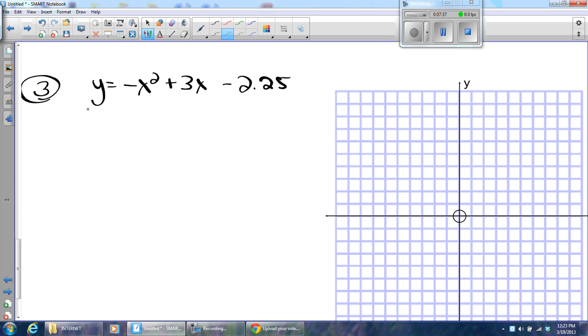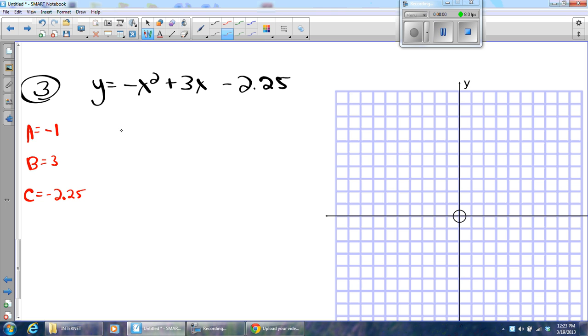Okay, so I know it's opening downward. I'm going to go and check and see how many roots it's going to have. Now, I know, because I made up the problem ahead of time, this is actually a perfect square trinomial, but most of you would never recognize it as such. And that's okay, but I'm expecting to find one root.